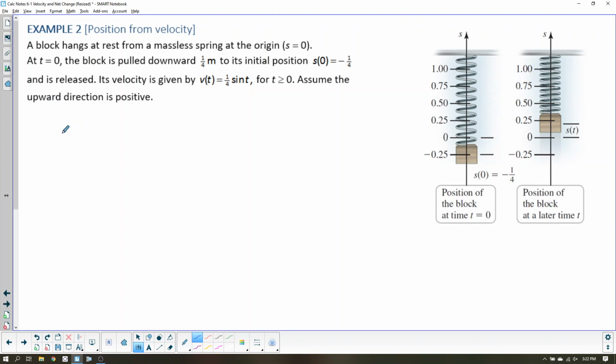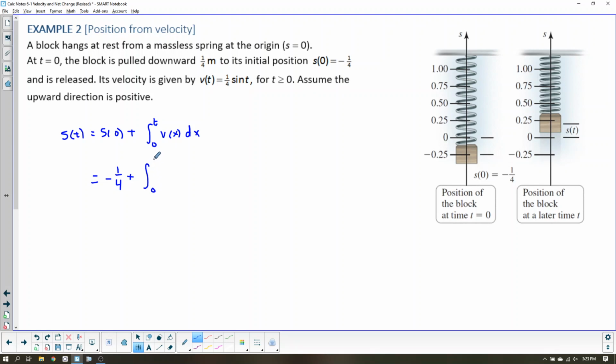So the other way is to use the formula that we had before. That formula said s of t is equal to s of 0 plus an accumulation function from 0 up to t of v of x dx. We have to plug everything into this. So we know s of 0 is -1/4.